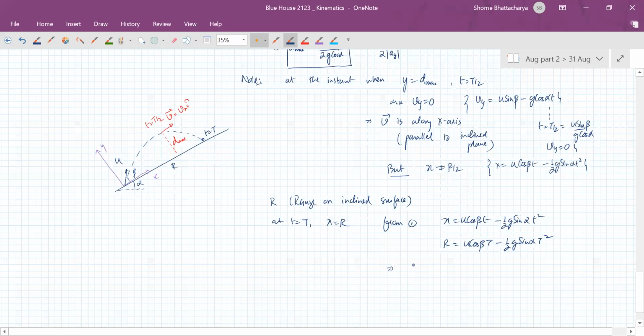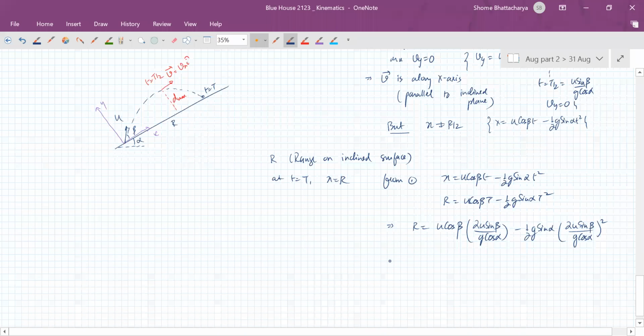You don't need to write it parametrically like I'm going to do next, but for this derivation here, I'll write the whole thing. So capital T was how much? It was 2u sine beta divided by g cos alpha. You'll see this becomes a very lengthy term, but it does get simplified after a bit of effort. You will have to take 2u square by g common.